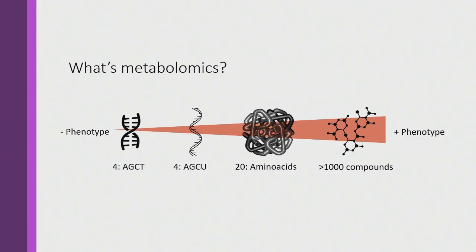In the case of proteins, we can use 20 pieces of information, the amino acids. But in the case of metabolites, the diversity of the molecules is so high that the challenge is how we measure these metabolites to get a full sample set or a bit more information than the classical techniques. And here is where metabolomics appears.